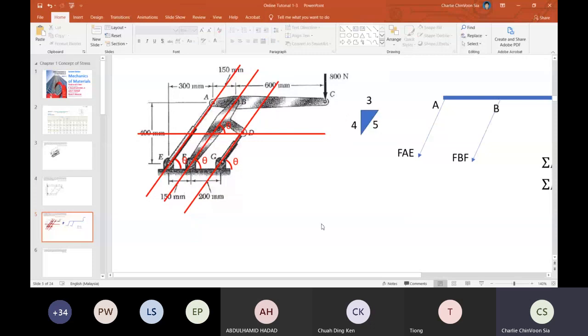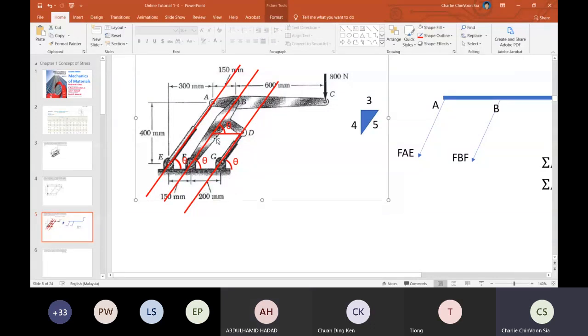So for this length, the length I showed you, what is the value for this horizontal length? 200? Yes, 200.